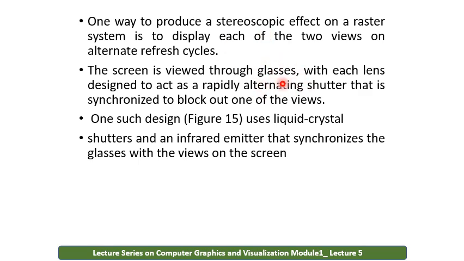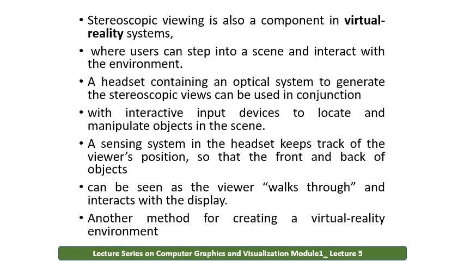The glasses lens will be designed as a rapidly alternating shutter, synchronized to block out one of the different views. One such design uses liquid crystal shutters and infrared emitters that synchronize the glasses, so that we can have different views of the scene.